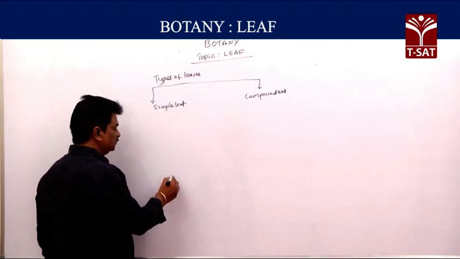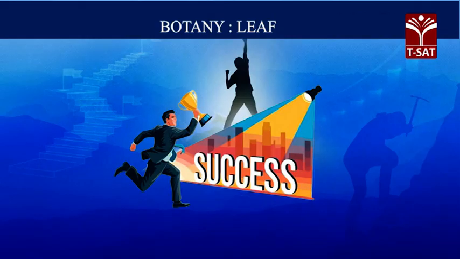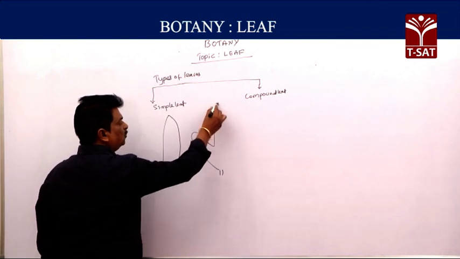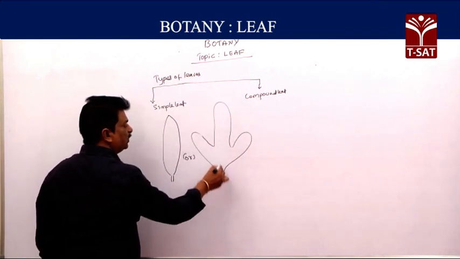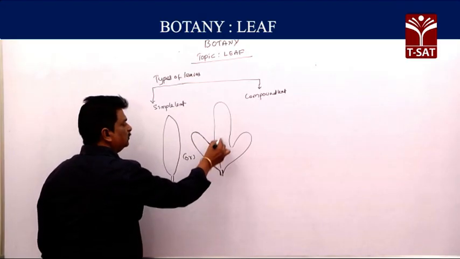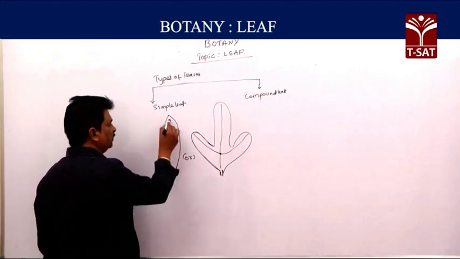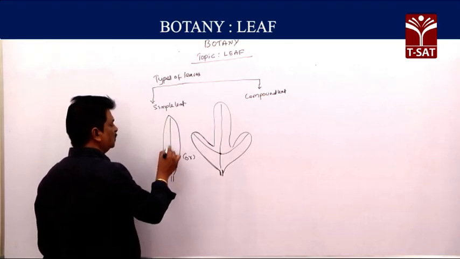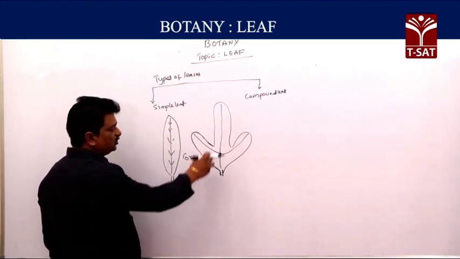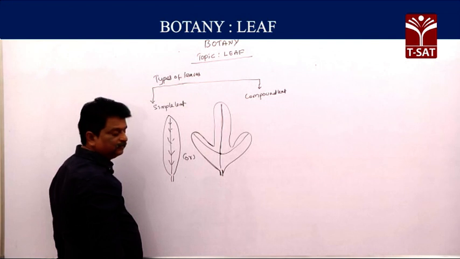What does simple leaf mean? In a simple leaf, the leaf lamina is undivided, or if the leaf lamina is divided into lobes and those incisions do not touch the midrib, that is also called a simple leaf.